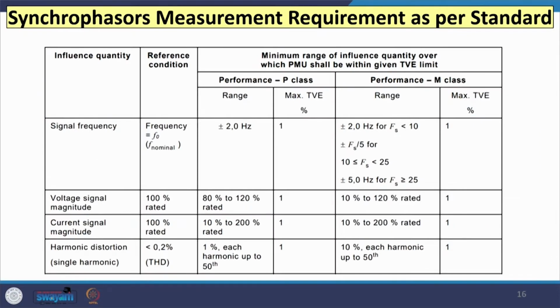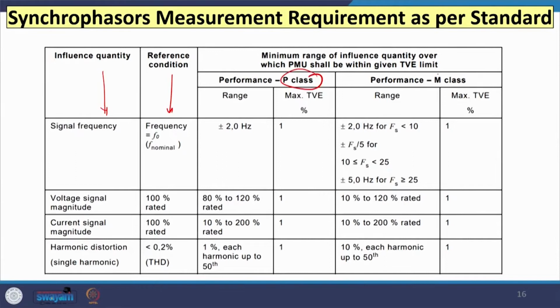Now, let us see what the synchrophasor measurement requirements are as per the standard. Here I have shown one table where you can see the quantity which is influenced, and the reference condition for that particular quantity is also mentioned. For both P class PMU and M class PMU, the performance is given in terms of the maximum allowable total vector error and the range of frequency.